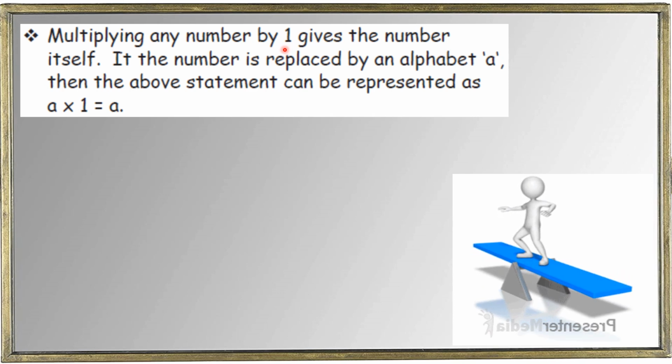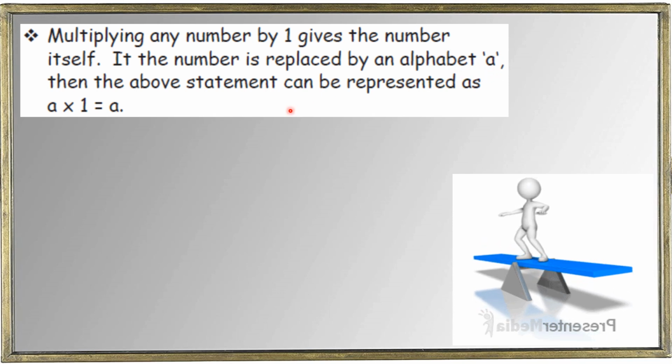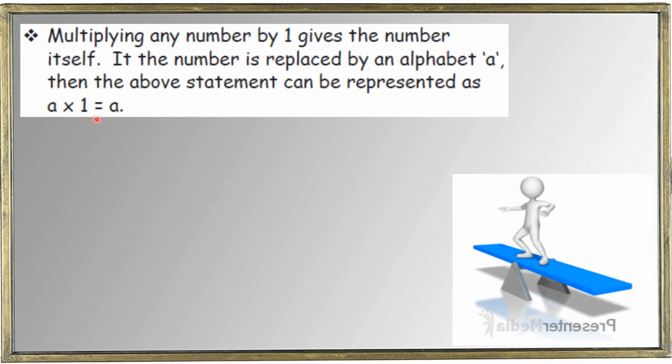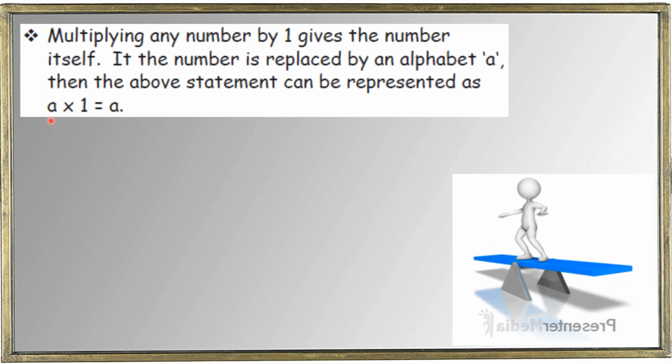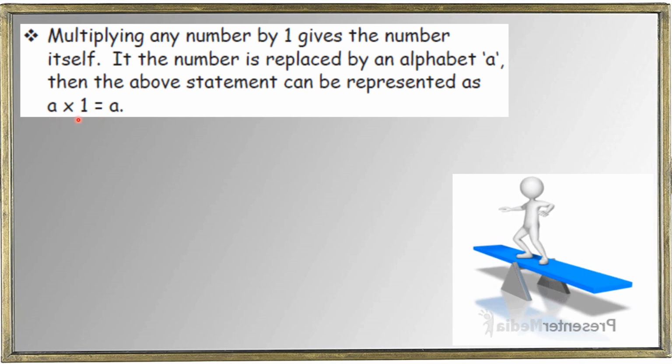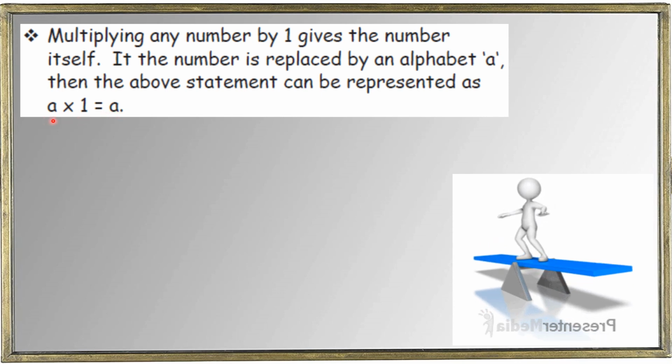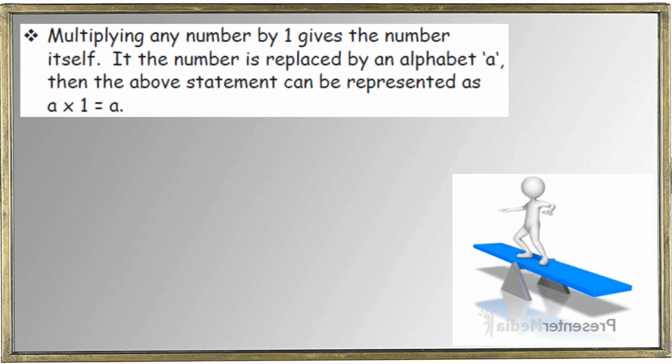So instead of 5, if we use A, then we make this one property. That means one formula. So instead of A, if I put 8, 8 ones are 8, isn't it? If I put 12, 12 ones are also 12. So it's clear, I think.